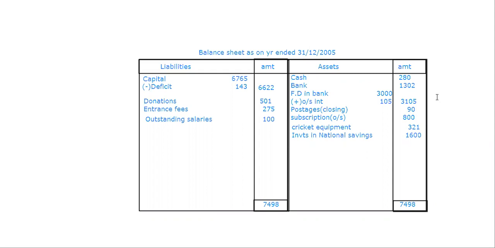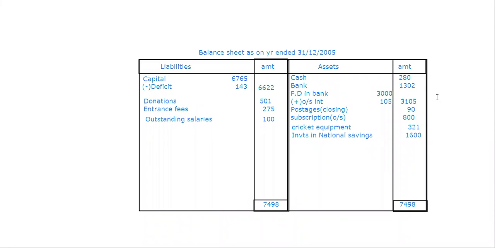Then locker rent, special subscription, dinner he gave. Rent, stationery, wages: these three are expenses. Billiard tables is an asset because it is very costly. Repairs are expenses. Interest is an expense. Furniture is an asset. Books are an asset. Fixed deposits are an asset. Dinner expenses is an expense, and balance is an asset.